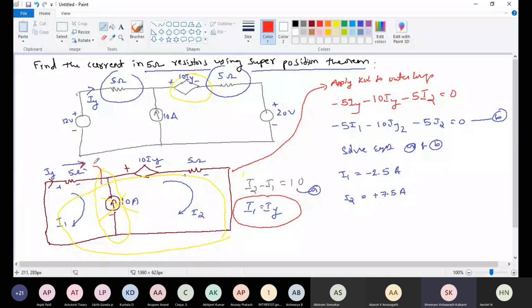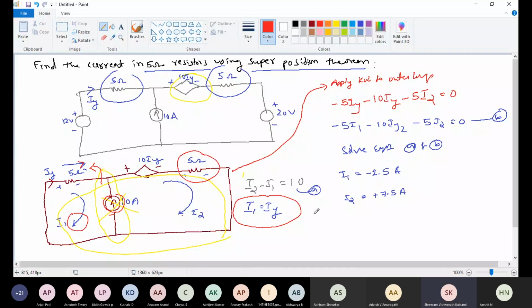This is flowing opposite. Correct? Means the direction of this I1 and the 10 ampere is not the same. And coming to this second loop, the 10 ampere direction and the I2 direction, that is I2 flowing through this 5 ohm, are the same.